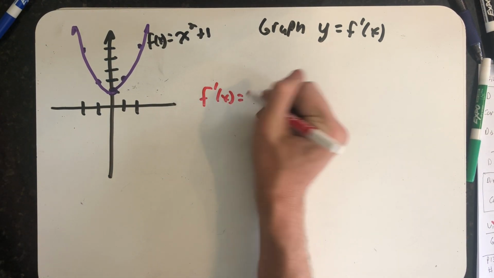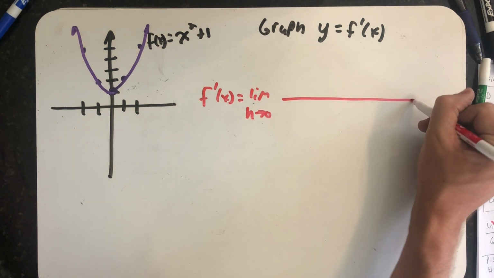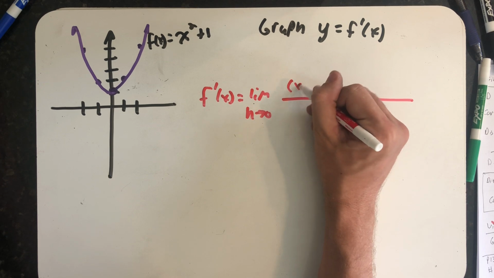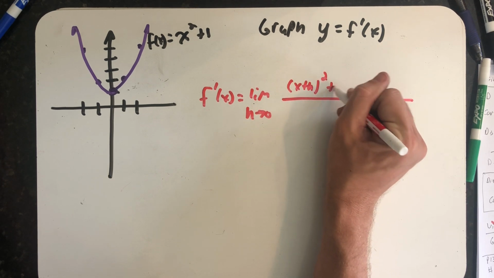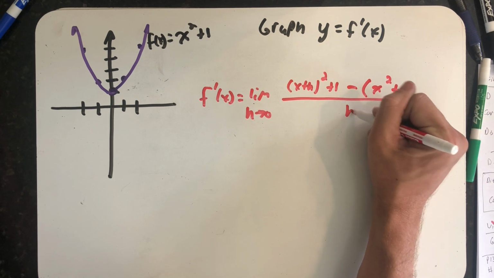f prime of x is equal to the limit as h approaches 0 of f of x plus h minus f of x all over h.